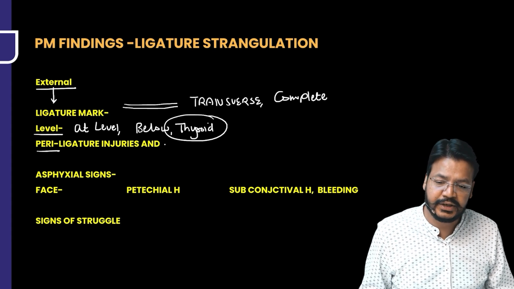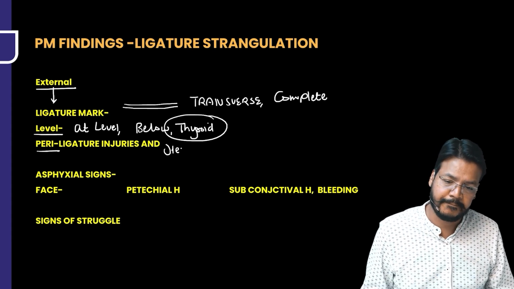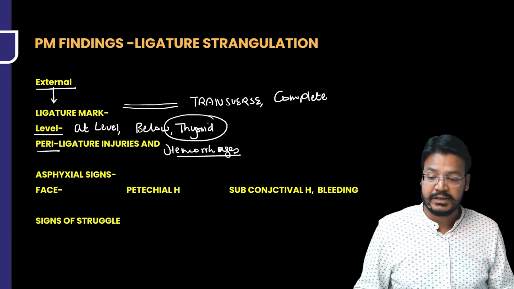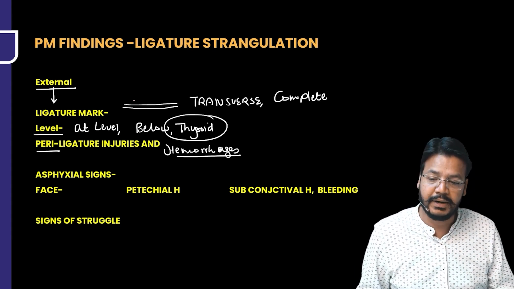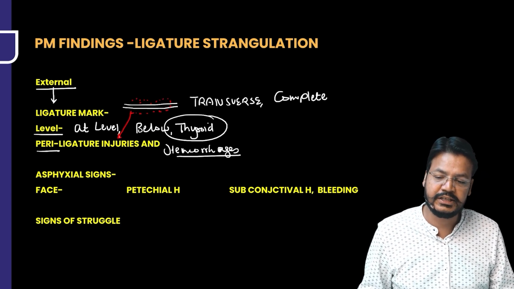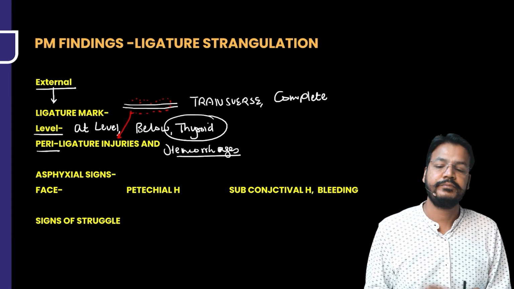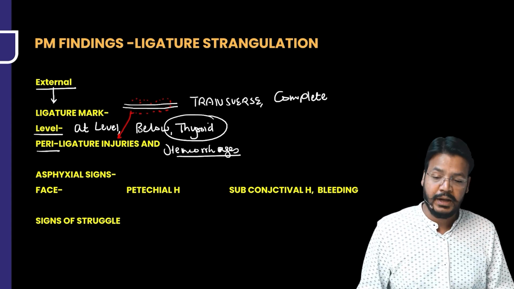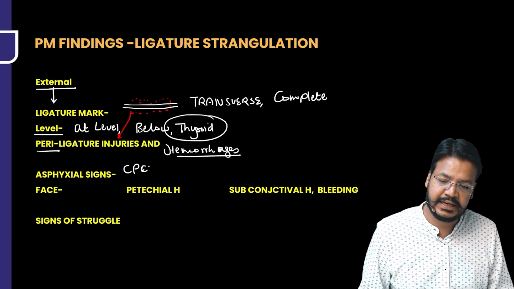Now, periligature injury and hemorrhages are seen. Periligature injuries and hemorrhages means, surrounding the ligature mark, there will be multiple bruises, contusion, or hemorrhages. This is known as periligature injuries. And now, asphyxial sign. Listen very, very carefully. I already told you what is asphyxial sign, CPC.